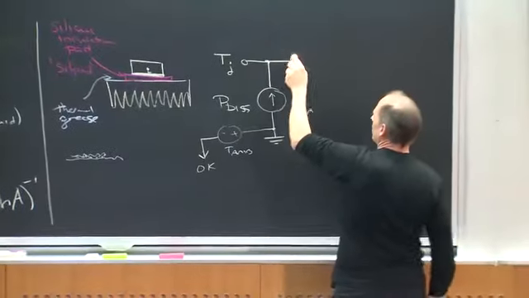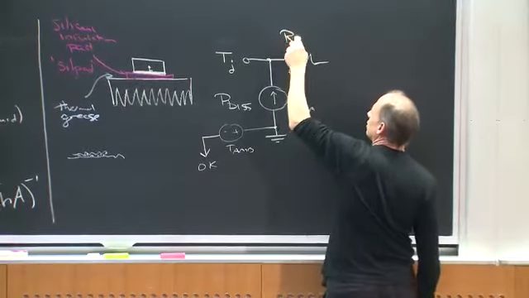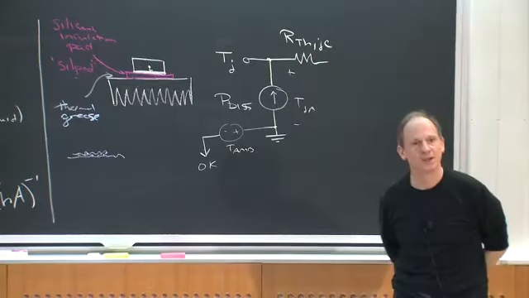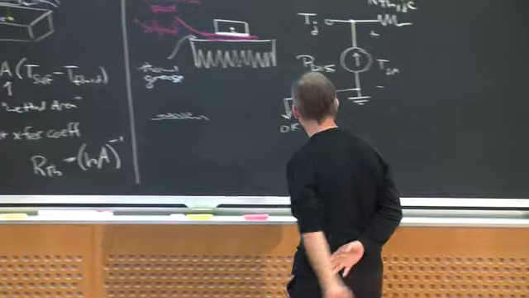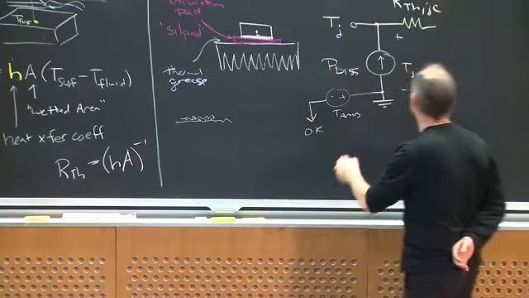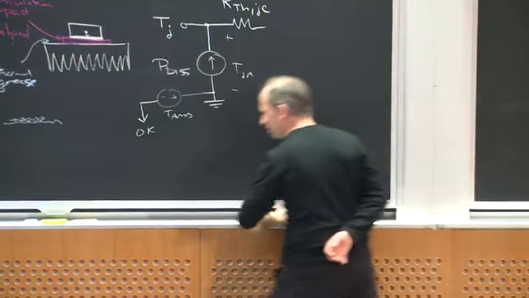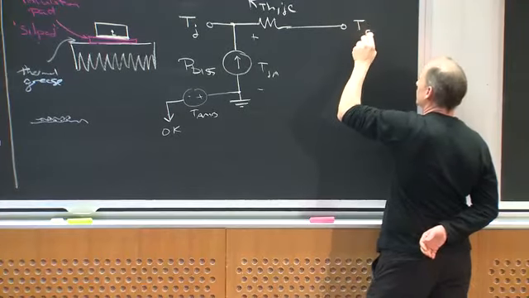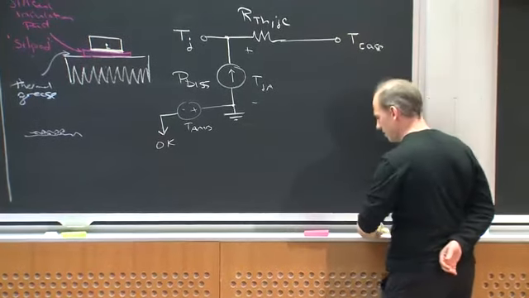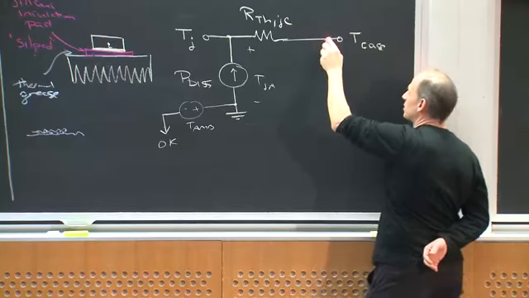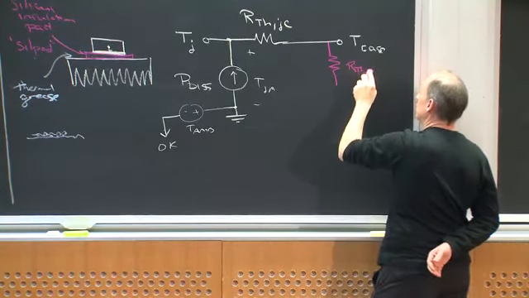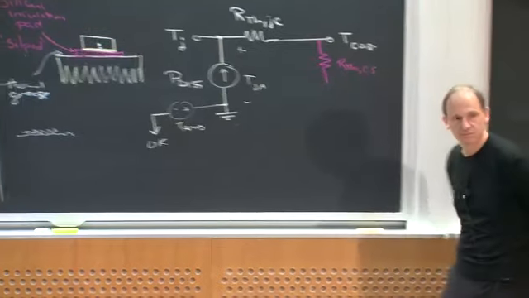So there's going to be some RTH junction to case, right? And then there's going to be some other thermal resistance, and so this temperature here would be the T case, right? Then there's going to be some other thermal resistance, RTH case to sink, okay?